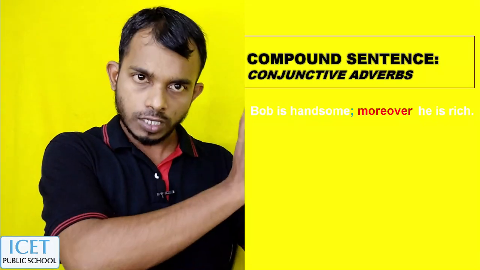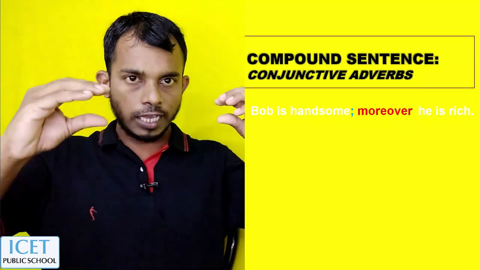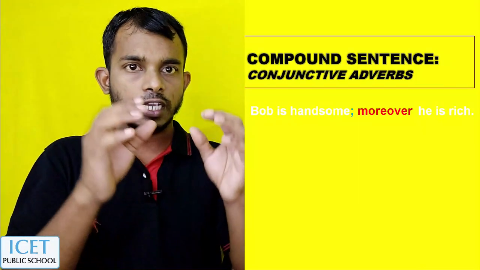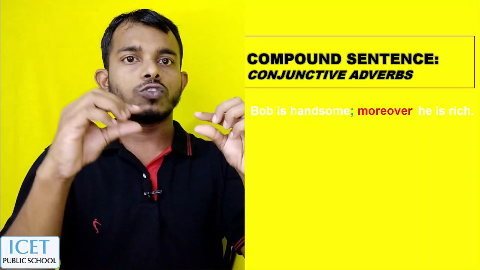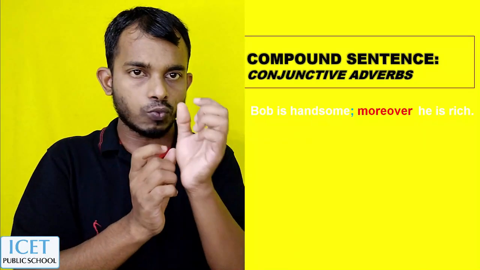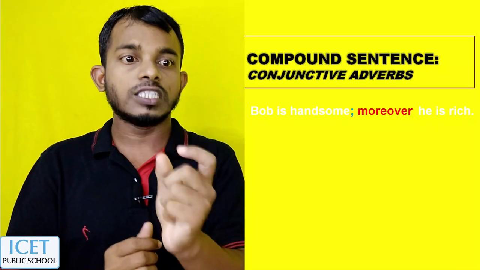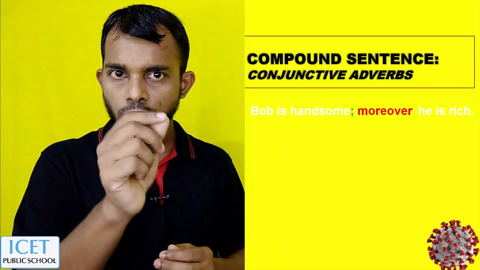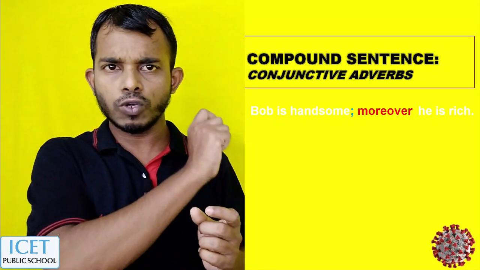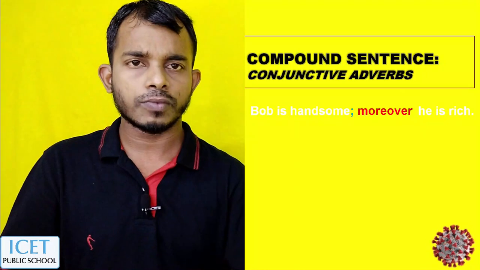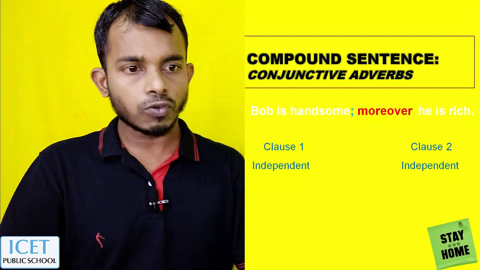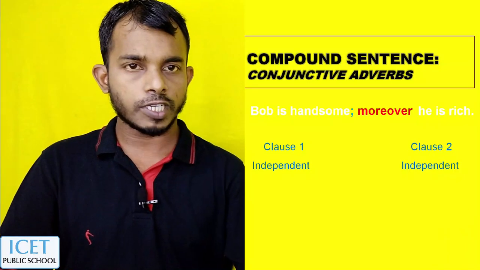He is rich also is independent. Those two clauses have been connected with a conjunctive adverb, moreover. There is one more point I have noted in blue color. Keep in mind, I will tell you that also. Clause 1 is independent, I told you. Clause 2 is also independent.